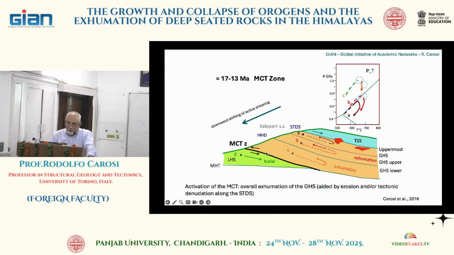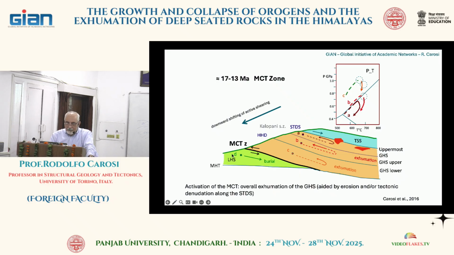Only at the activation of the main central thrust, all the rocks in A, B, and C were exhumed, but this started before, this later, and this later again. At this time, activation of the main central thrust, I put just the ASE, but it depends on the cross section of the belt.